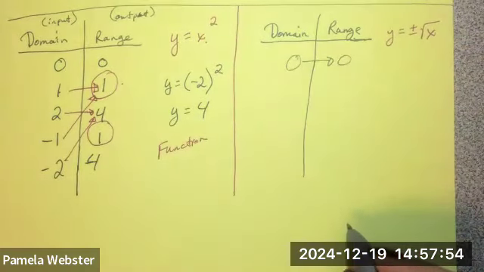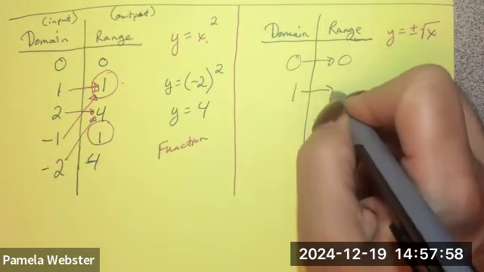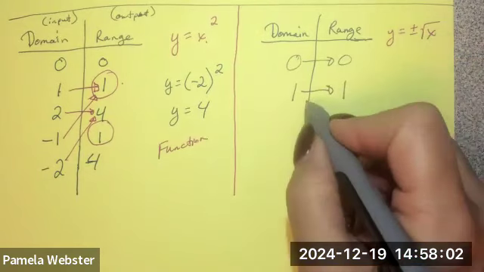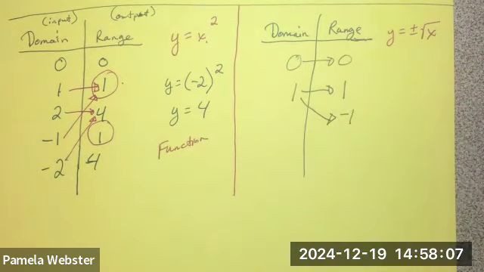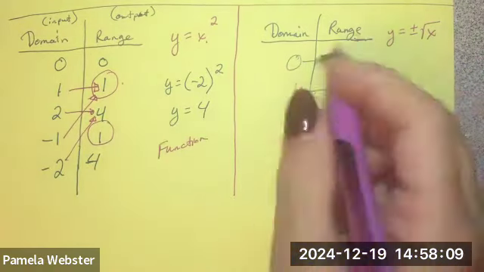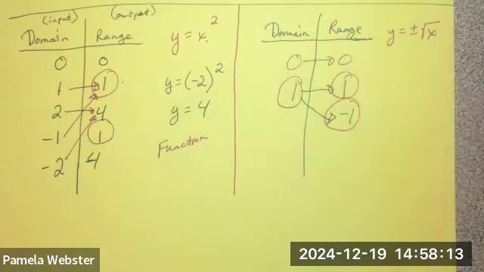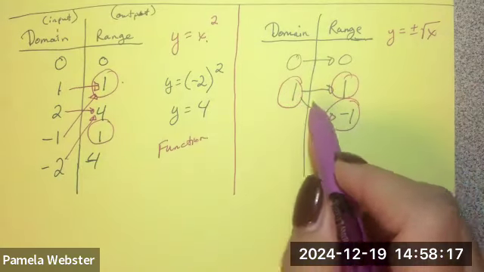So one input gives me one output. But when I do 1, okay, the square root of 1 is 1, but if I get a plus or minus 1, all of a sudden that one input is getting 2 outputs, right? That's a problem. We see this split coming off. We say, oh, it's getting 2 outputs.